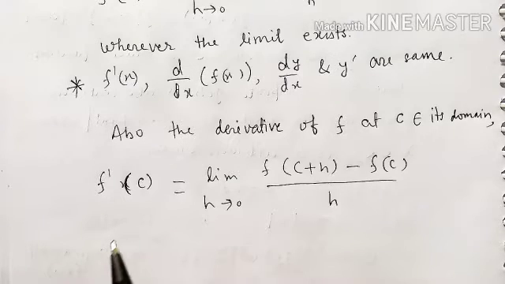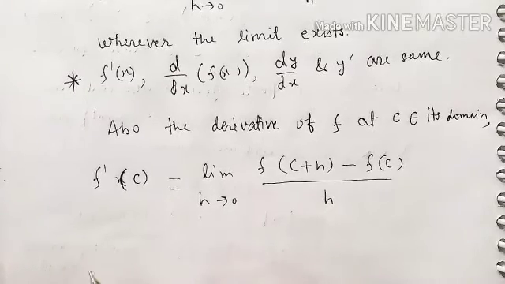The derivative of sin x is cos x, cos x is minus sin x, tan x is sec square x, cot x is minus cosec square x, sec x is sec x into tan x, cosec x is minus cosec x into cot x.